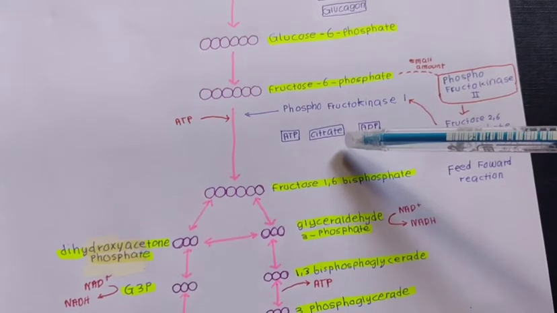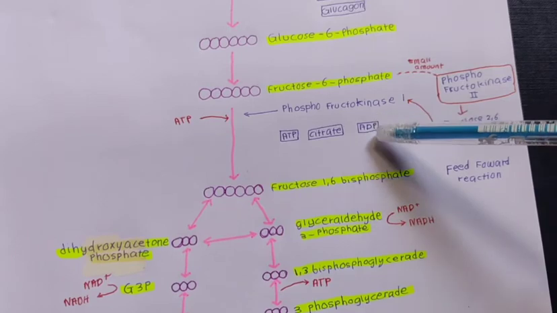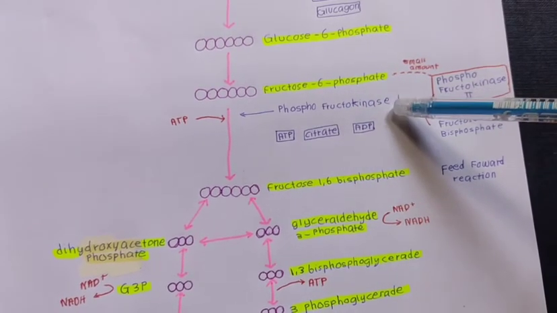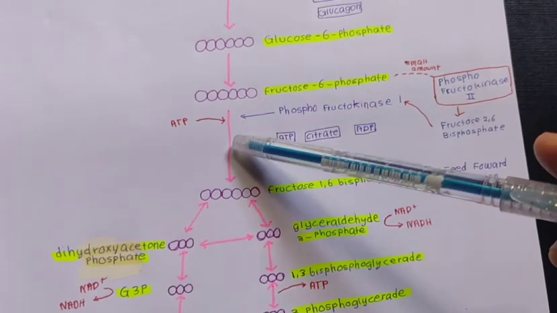Citrate is also useful in this process because it can lead to producing the ATP. And then, when ATP was converted into ADP, the ADP can stimulate phosphofructokinase 1 to increase the process.